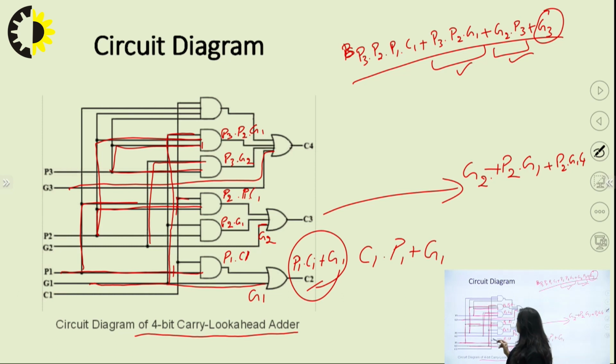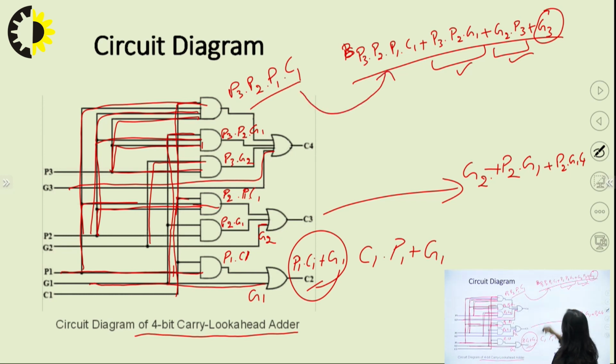And in the last we have P3 dot P2 dot P1 dot C1, so this is this part.